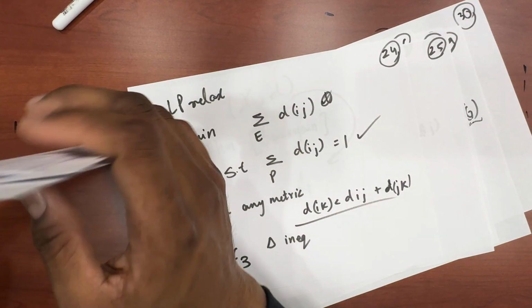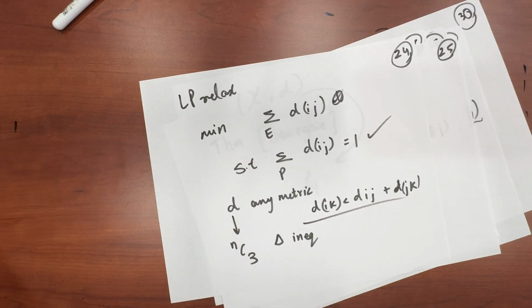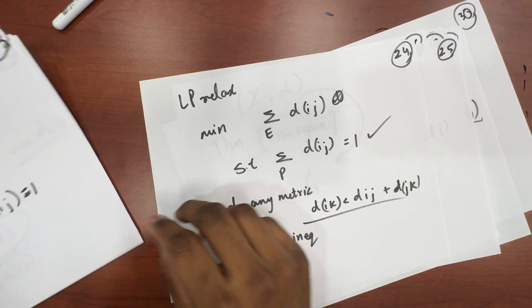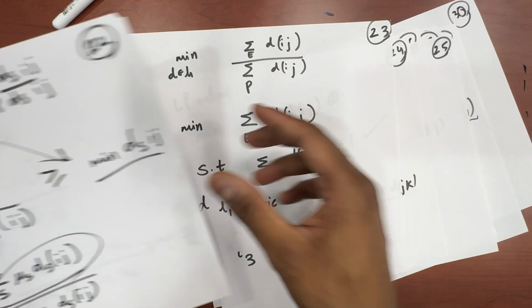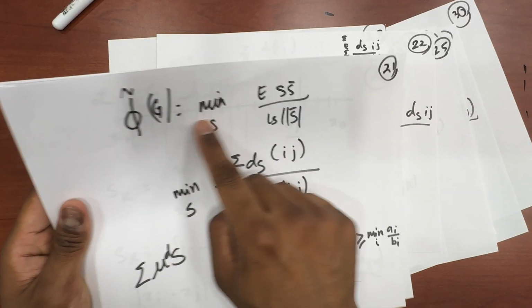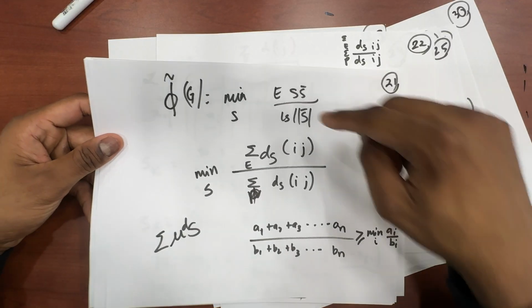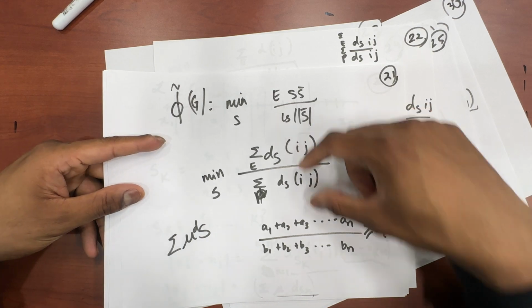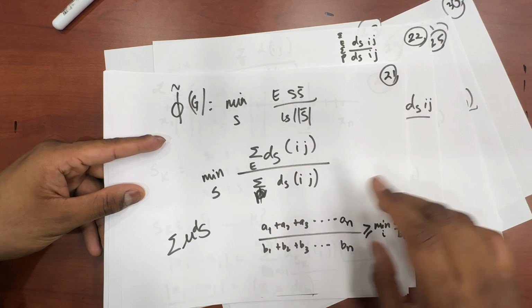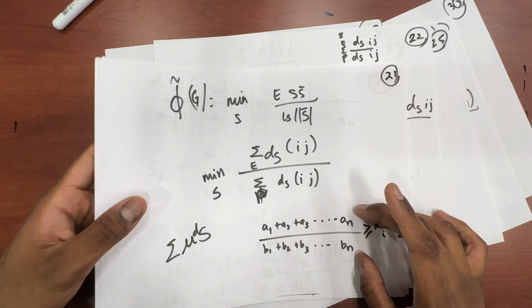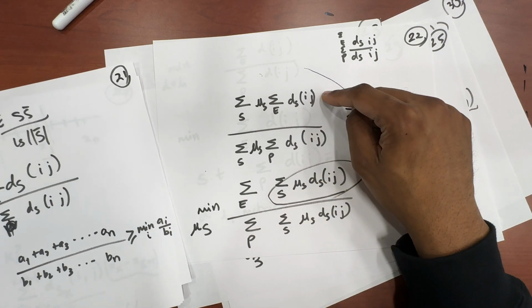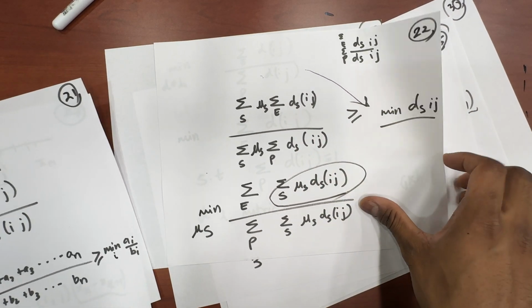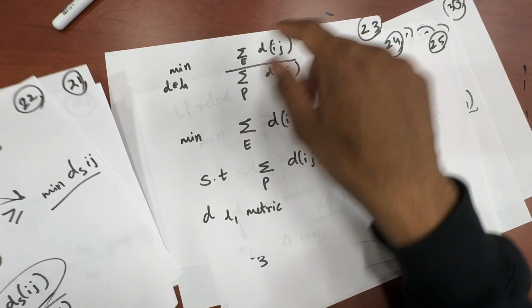We approached all of this with the intuition that cut metrics and L1 metrics are the same. Phi tilde G is a minimum of the division, which is actually the minimum of the combination of everything. And a combination of everything is just another cut metric, which is just another L1 metric.